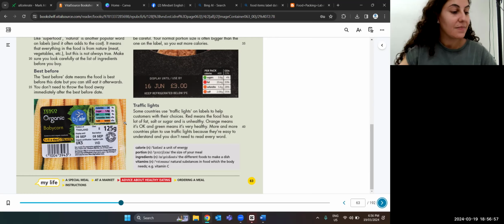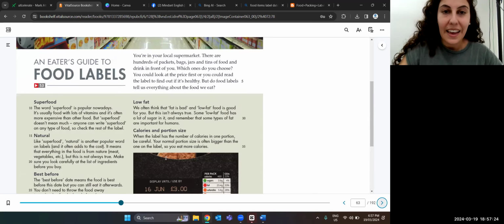Orange means it's okay. And green means it's very healthy. More and more countries plan to use traffic lights because they're easy to understand and you don't need to read every word.